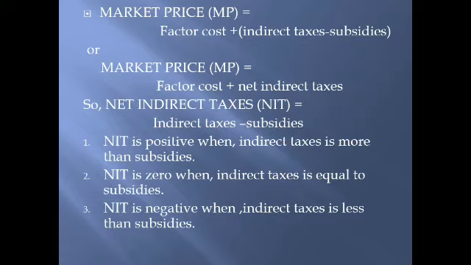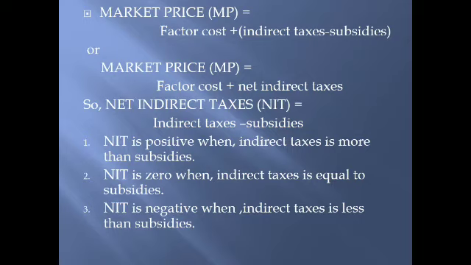If in the question net indirect taxes is given, then you can directly add it to factor cost to get market price. Suppose in the question indirect taxes are given and subsidies are given separately, then we have to use the formula market price is equal to factor cost plus indirect taxes minus subsidies.